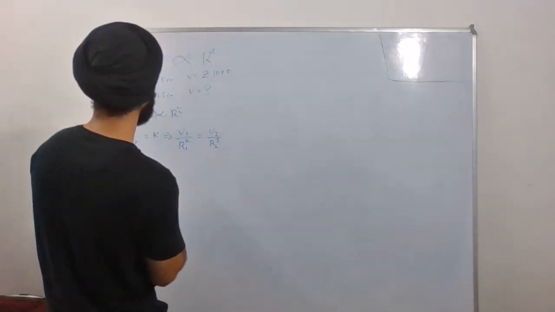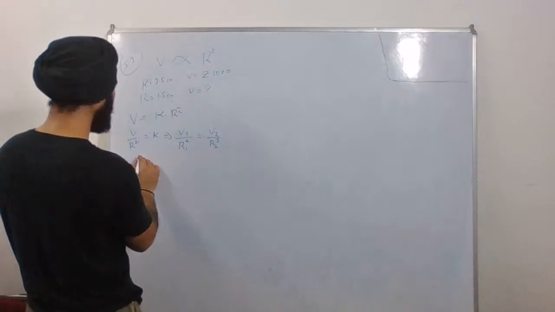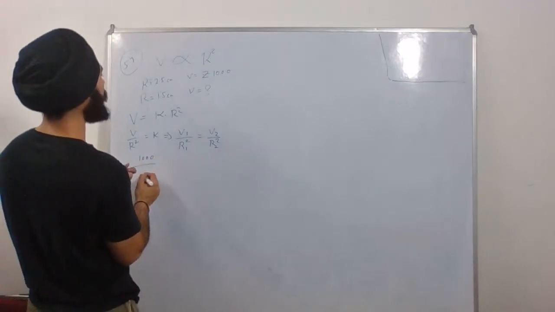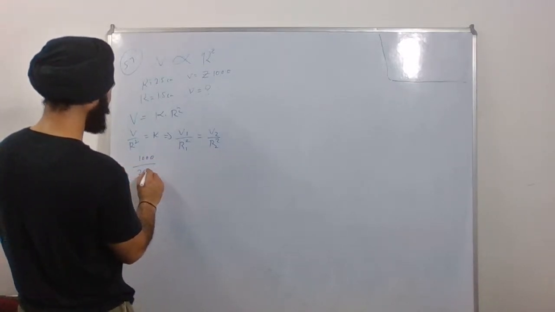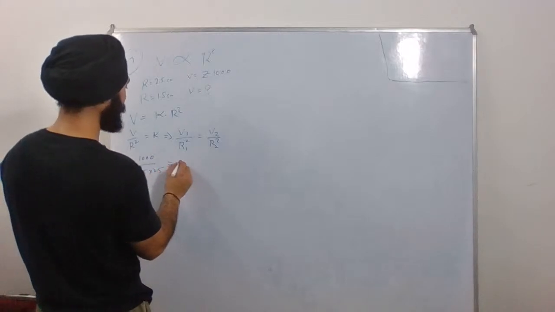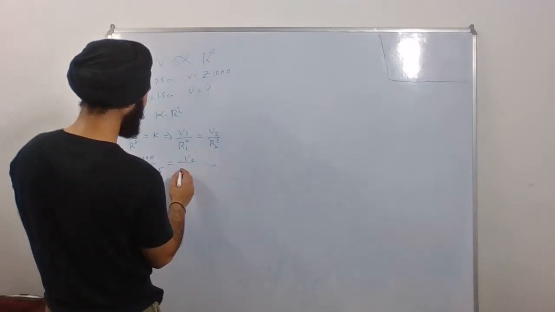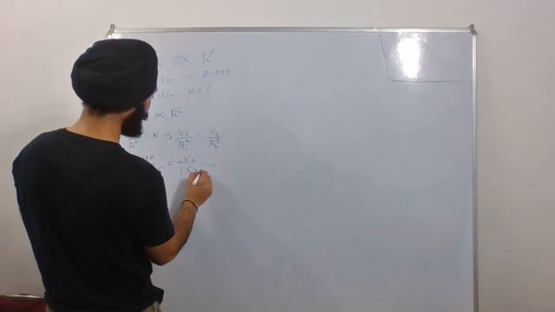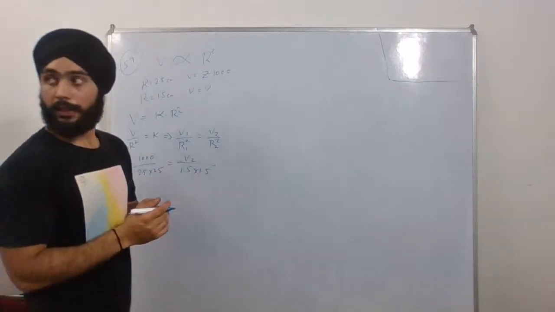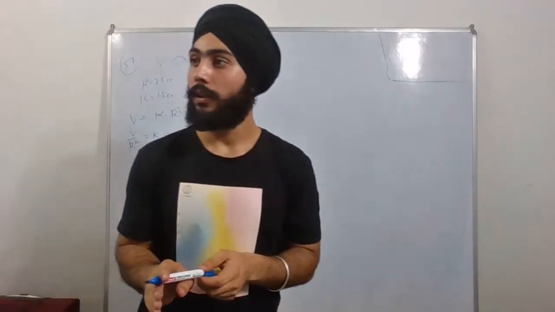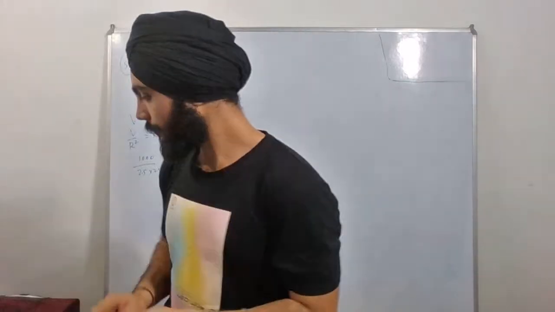So V1 has a value of 1000, R1 has a value of 2.5, squared, so write it twice. V2 we have to find, and R2 has a value of 1.5.